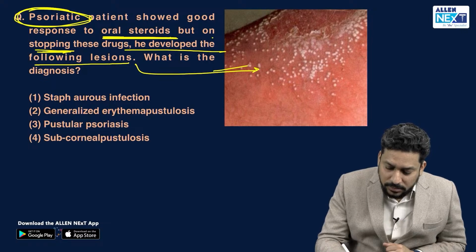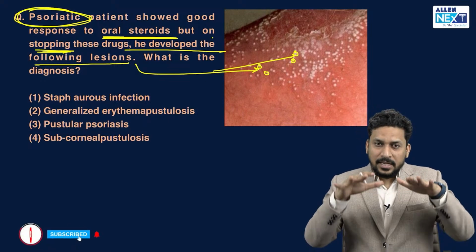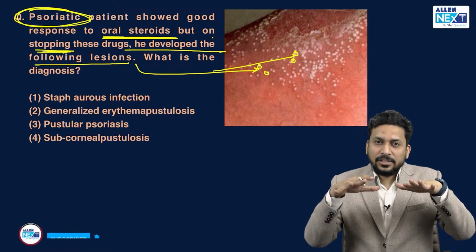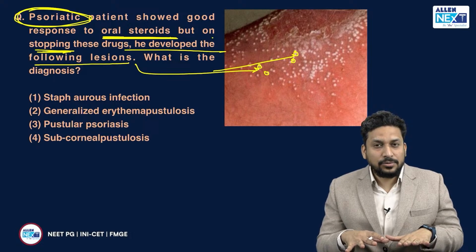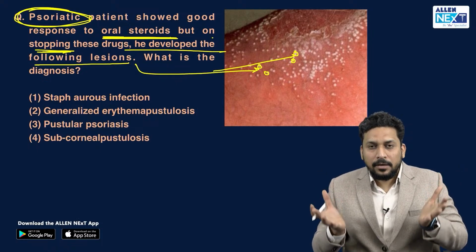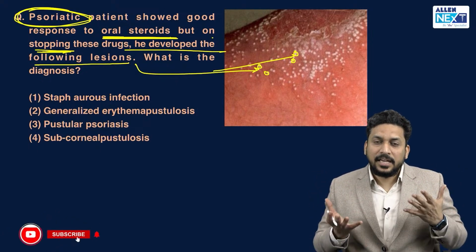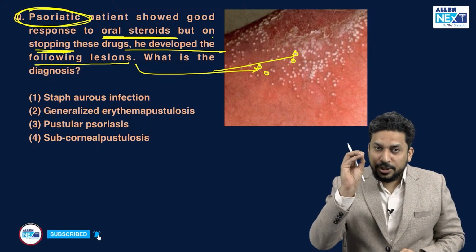And what are the lesions? Lesions are pus-filled lesions. So what happens that when we give steroids in psoriasis, the inflammation subsides and the psoriasis improves. But as soon as you stop steroids, this psoriasis flares up, rebound phenomena occurs and more severe type of psoriasis develops in the form of, in this patient, pustules.